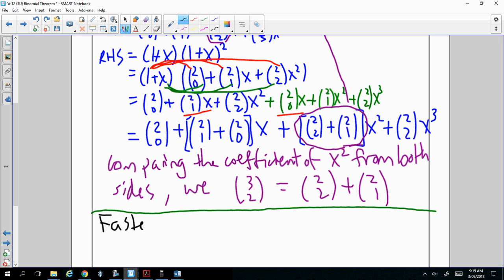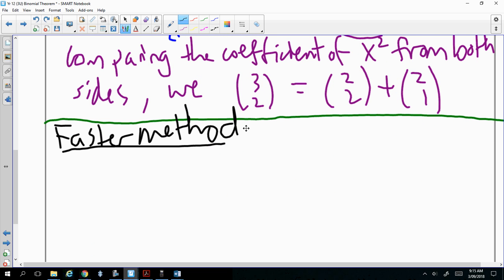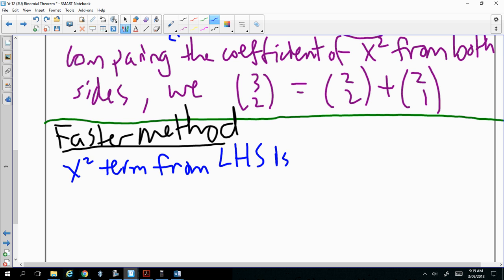You just have to explain what you do. You say that the x squared term from the left-hand side is, and it's very important that you explain so that you're not just writing down the result, the x squared term is 3,2 x squared.